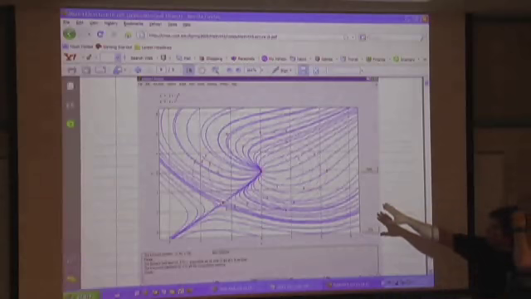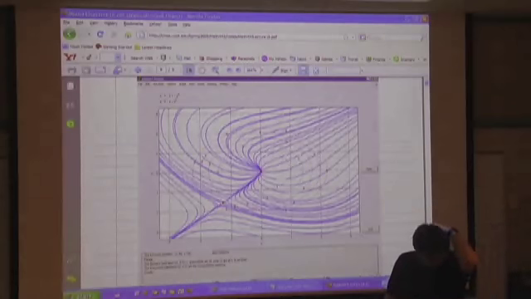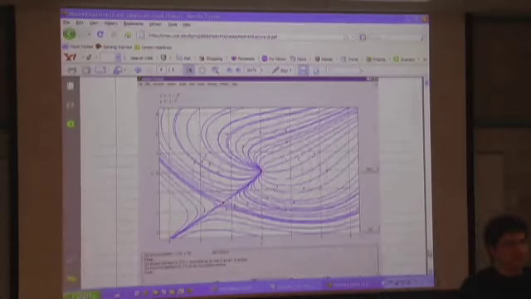Okay, this is what the phase portrait looks like. And I don't know if this is in the plane, but does it give you a 3rd dimension perspective, some sort of sense of depth?